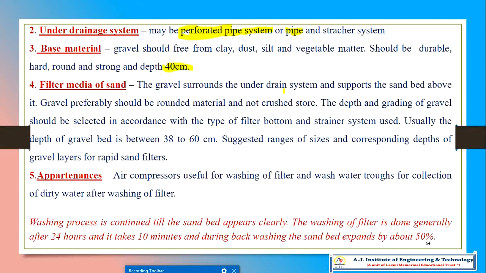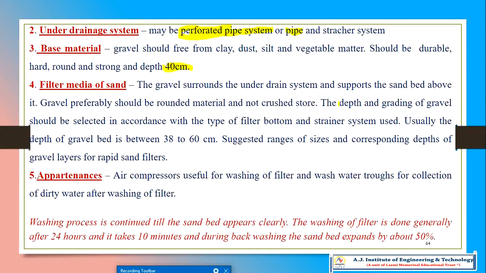Filter media sand I explained properly, as the gravel surrounds the under drain system and supports the sand bed. Gravel should preferably be rounded material and not crushed stone. That should not be crushed.